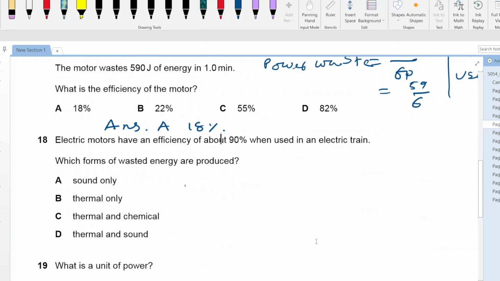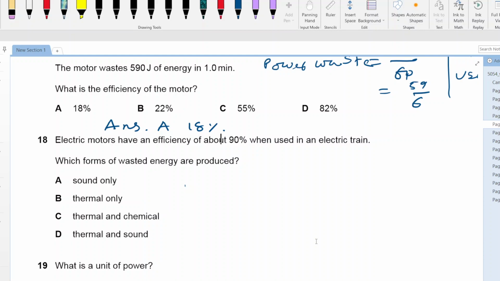Question 18: an electric motor has an efficiency of about 90% when used in an electric train. Which forms of wasted energy are produced?